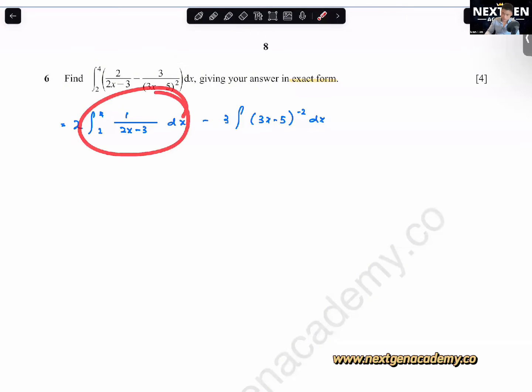Okay, I asked you all first because I think you need to recap a little bit. I want the exact value. Ln 2x minus 3. 2 ln 2x minus 3 times 2. Are you sure?